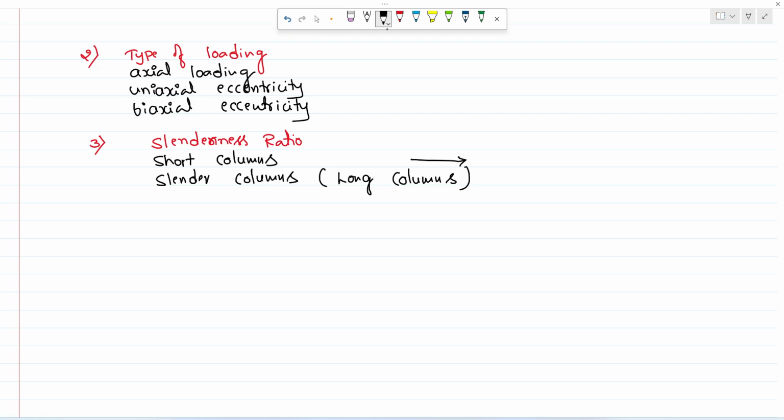So these short columns will fail in axial compression, whereas long columns will fail due to buckling or bending.